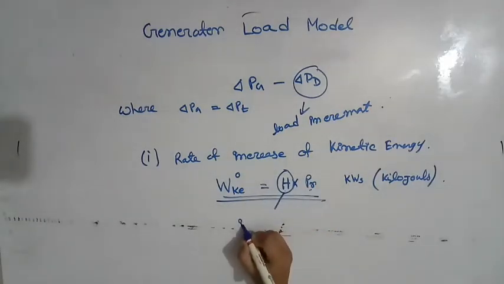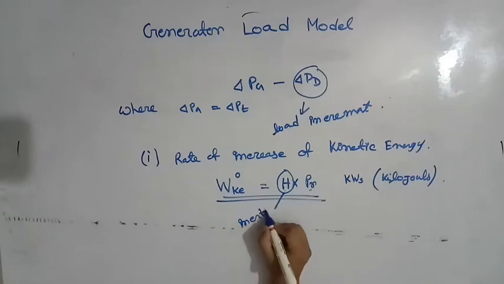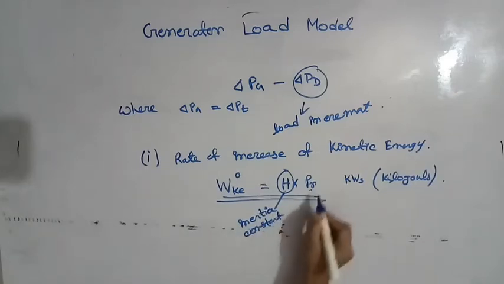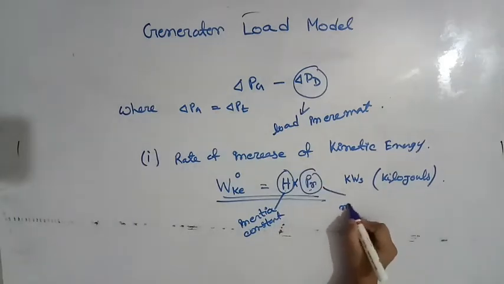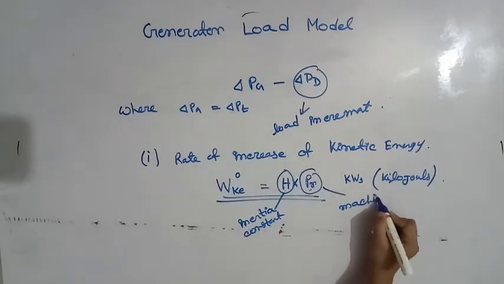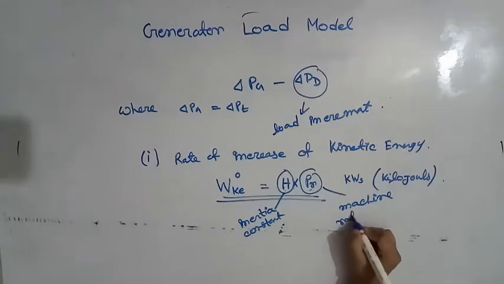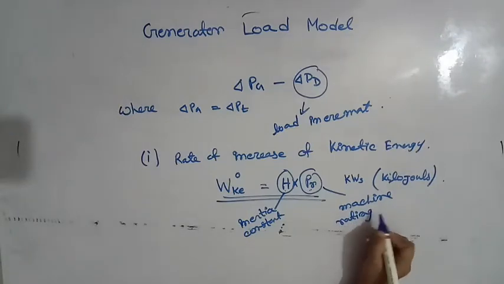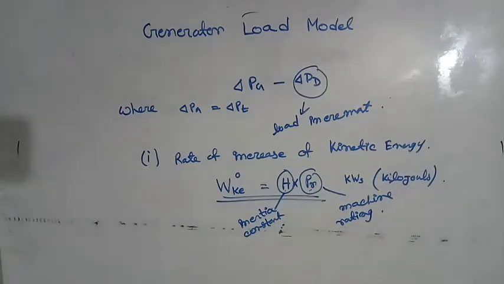This is the inertia constant and this is the machine rating. The kinetic energy is proportional to the square of the speed, that means the square of the frequency.